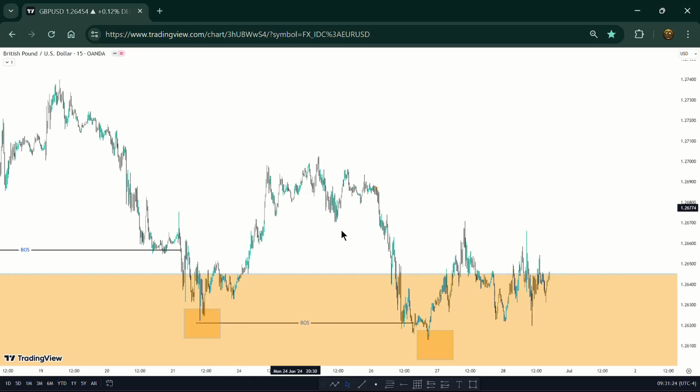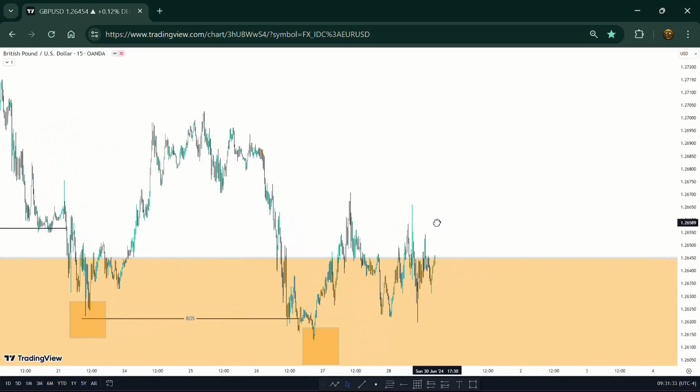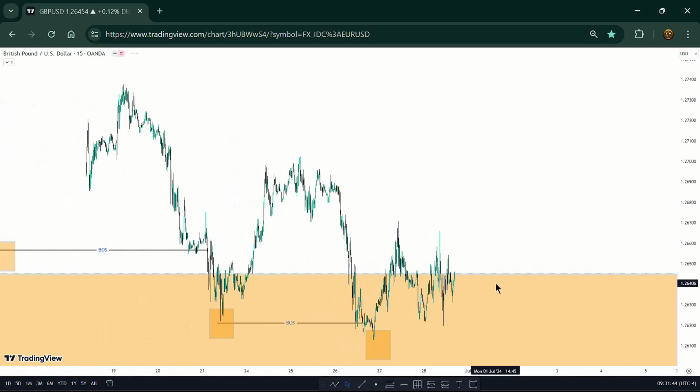Okay, so at least you know on the daily there's a point where the market reacts. These points are called hotspots, because you expect the market to react a certain way. Yeah, so as you can see here, the market is still in this fair value gap.